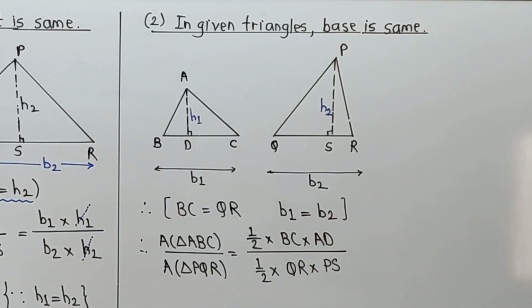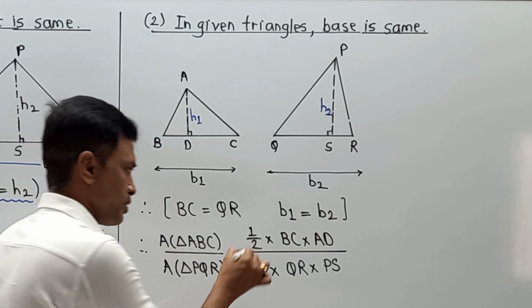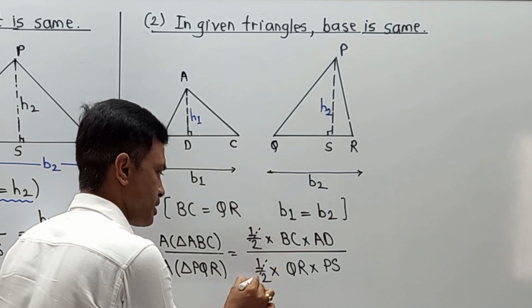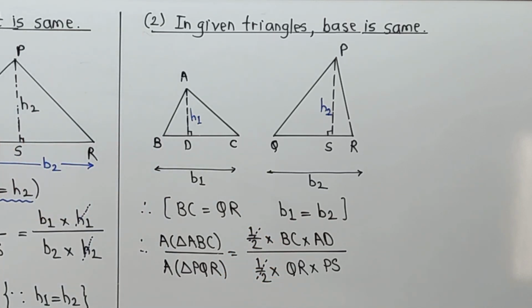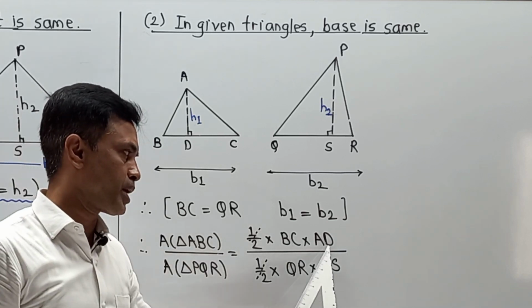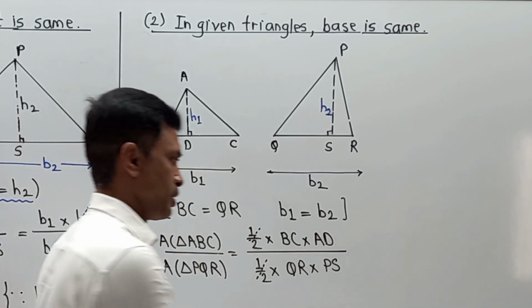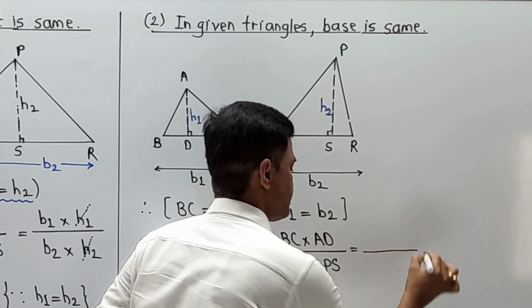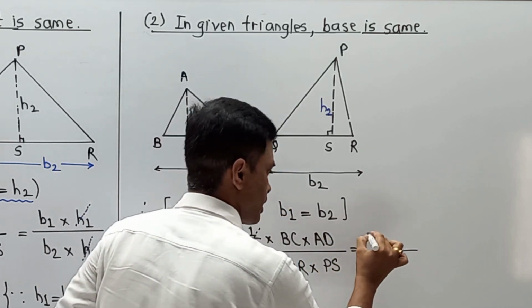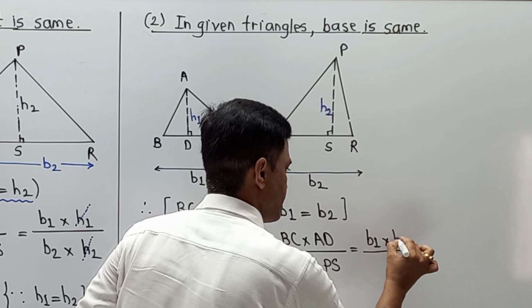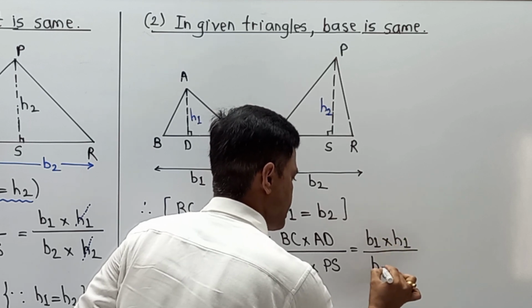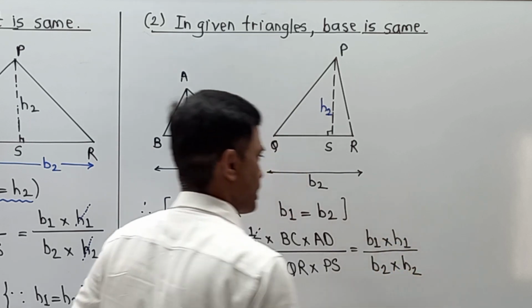Now here we know one logic. What is that? First of all, half gets cancelled with half. Naturally BC is the base of first triangle and AD is the height of first triangle. So we have base into height of first triangle divided by base into height of second triangle.